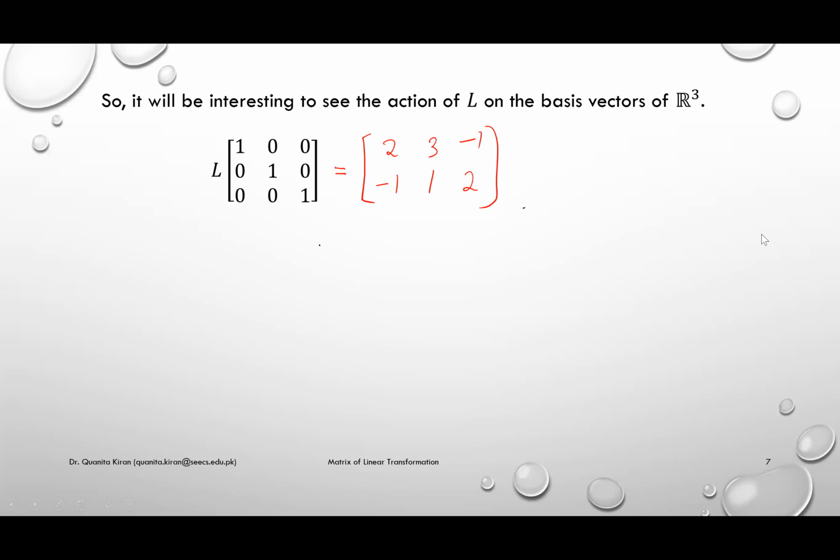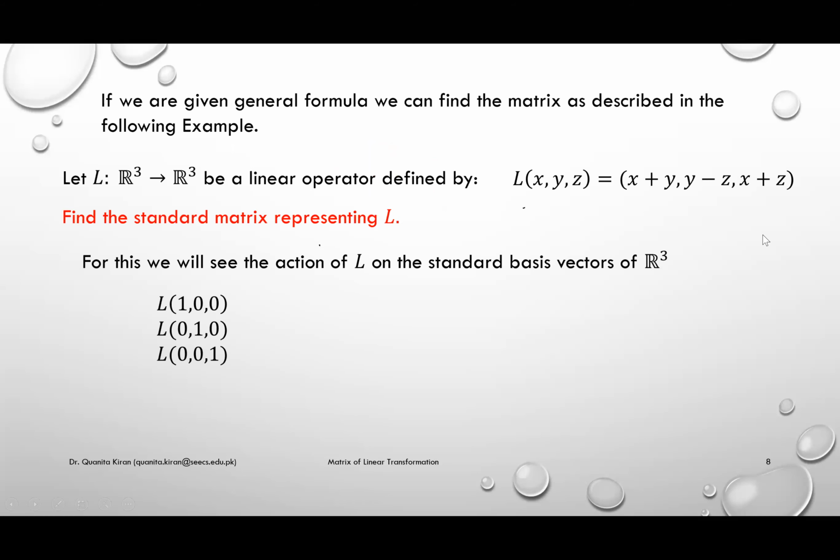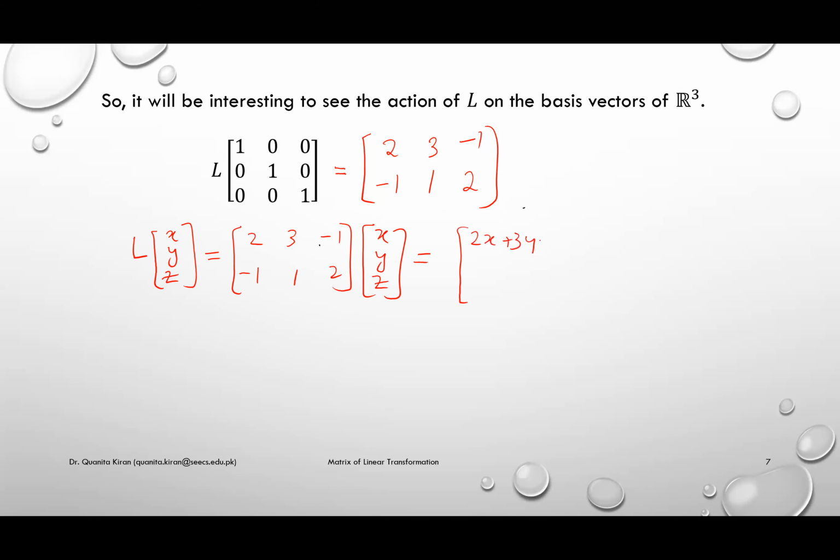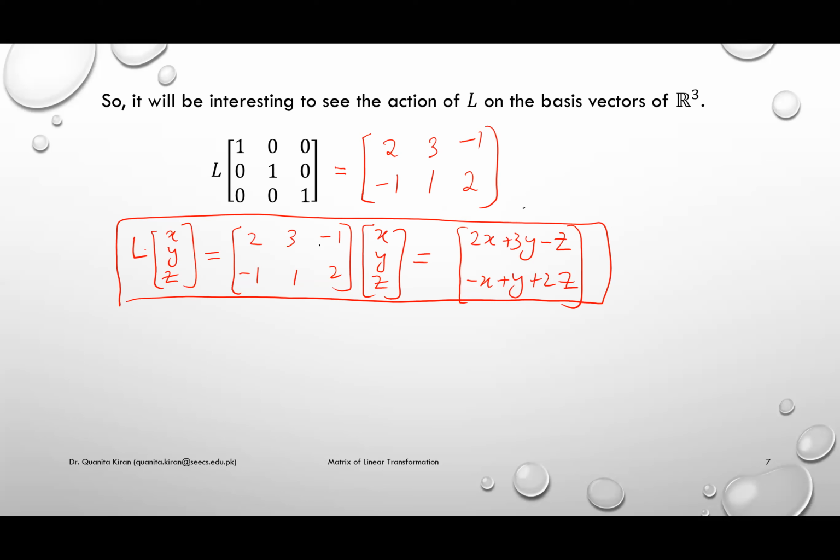And by using this matrix, we can see that if we apply this matrix on any vector x, y, z, then we have this: the general form of this linear transformation, or you can say the general formula describing the action of the linear transformation.